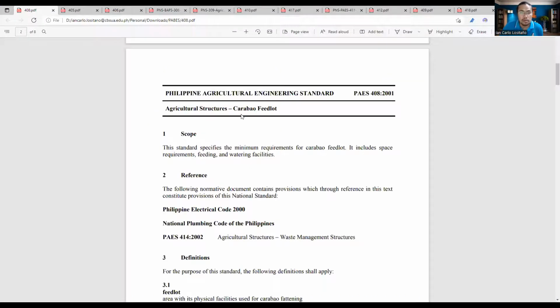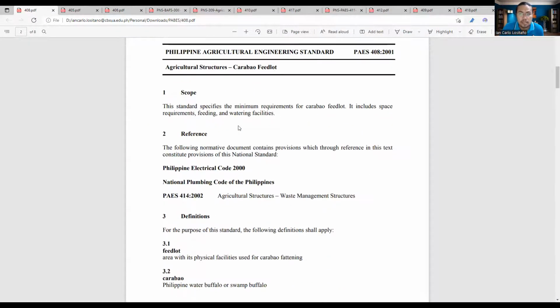the carabao feedlot. This is with the tag PAS 408, drafted or established in 2001, or yeah, adopted in 2001.